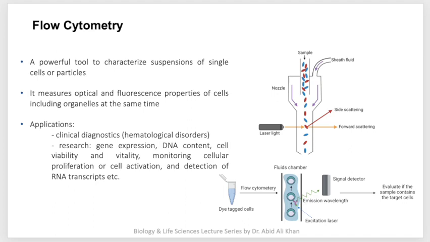In research, flow cytometry also has a lot of applications, for example in gene expression and how much DNA content is there. And in industry, for example in the beverages industry or some other industry where the viability of cells plays a big role, it's used for cell viability and vitality.